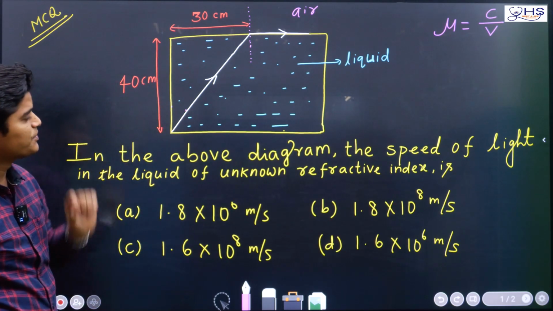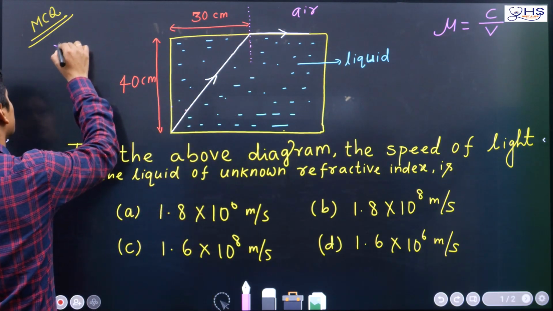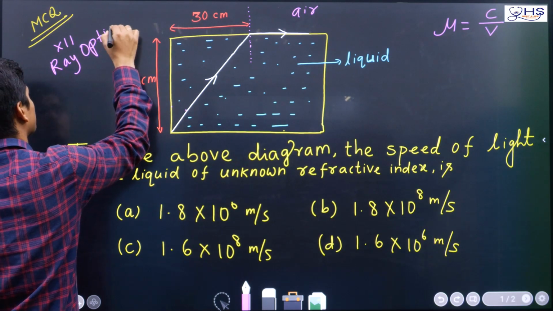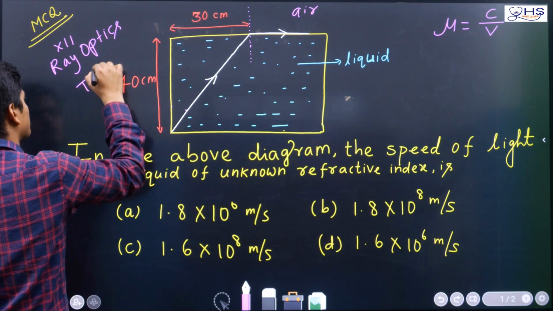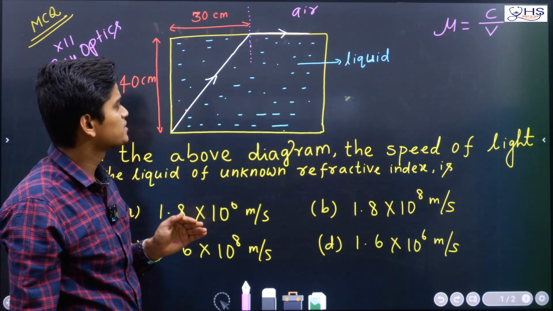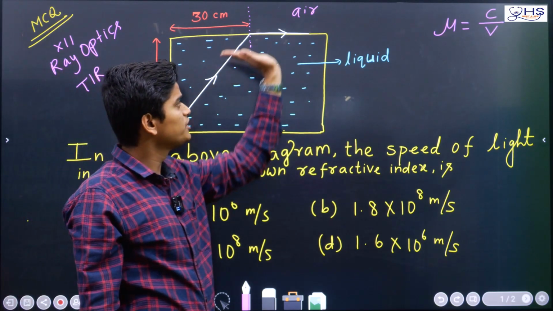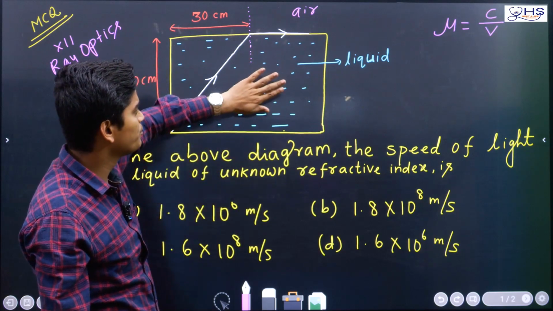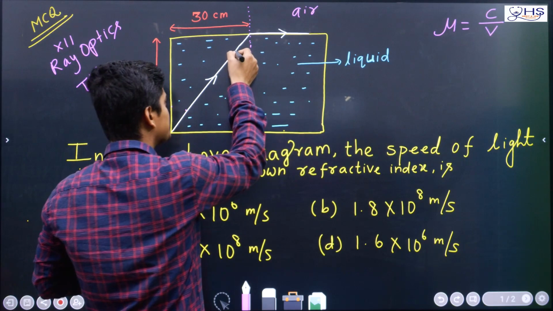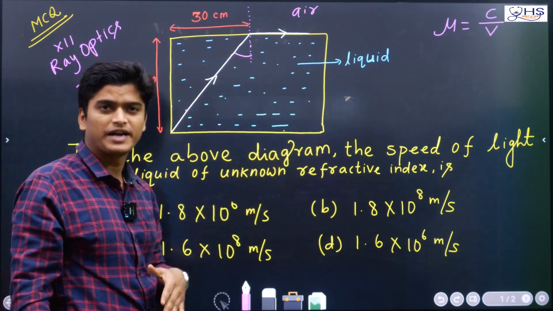Now see, this picture we studied in 12th standard, ray optics, under TIR, total internal reflection. So what is total internal reflection? When a light ray is traveling from a denser medium to a rarer medium, that means from a liquid medium to an air medium, if the incidence angle is greater than the critical angle, then the light ray will totally reflect back.